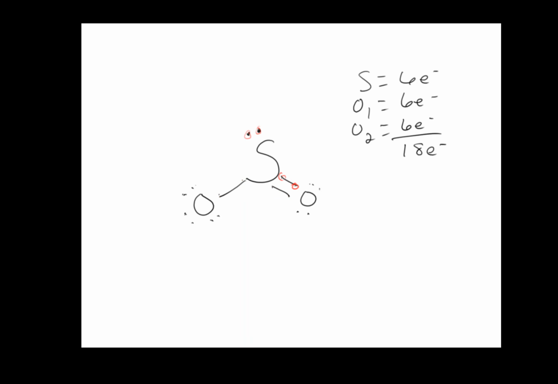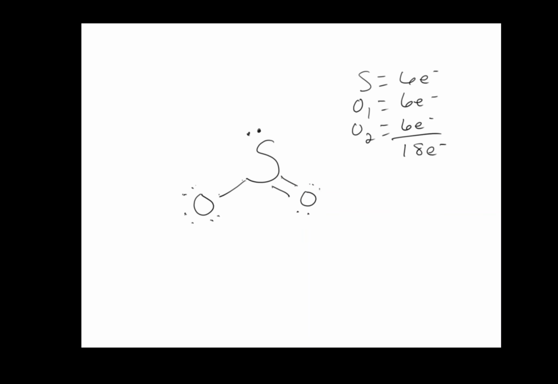Let's check our oxygen. 1, 2, 3, 4, 5, 6, 7, and 8. That oxygen looks perfectly fine. How about this one? 1, 2, 3, 4, 5, 6, 7, and 8. All right, so my octets all look pretty good, so I'm not quite sure what's wrong yet.